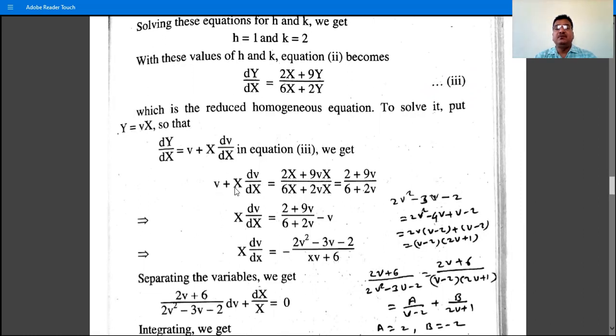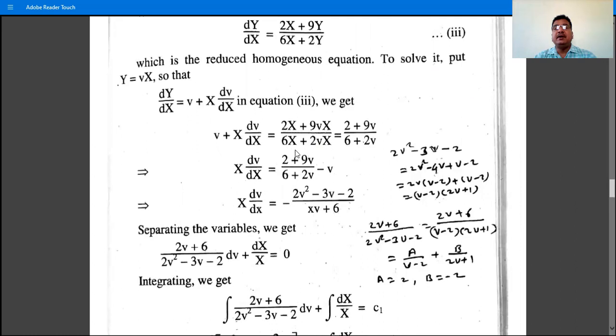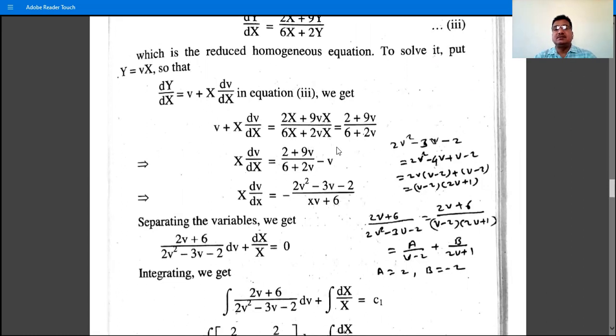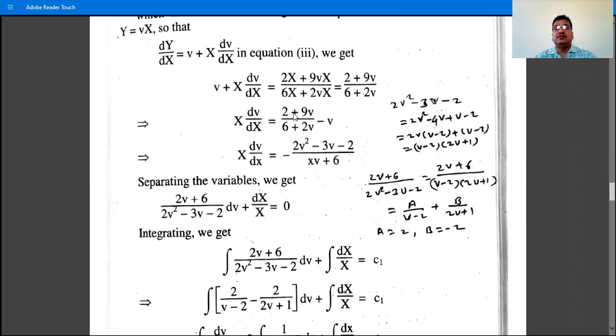So we have v plus X dv by dX is equal to (2X plus 9vX) divided by (6X plus 2vX), and taking X as common and cancelling from numerator and denominator, we have (2 plus 9v) divided by (6 plus 2v). Then shift this v to the RHS. So X dv by dX is equal to (2 plus 9v) divided by (6 plus 2v) minus v.